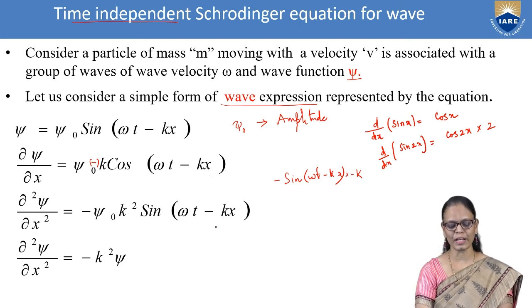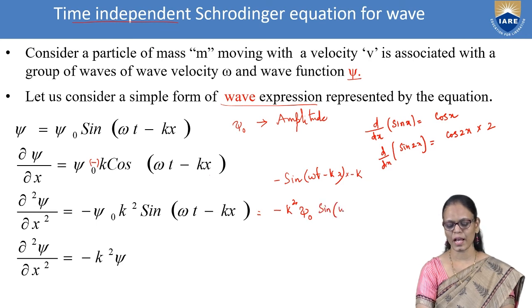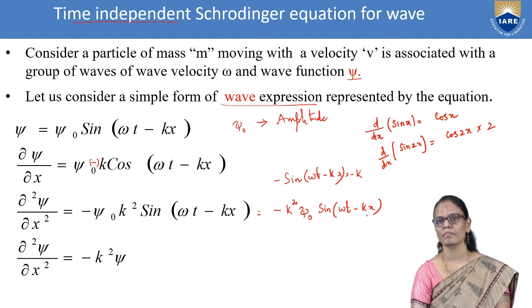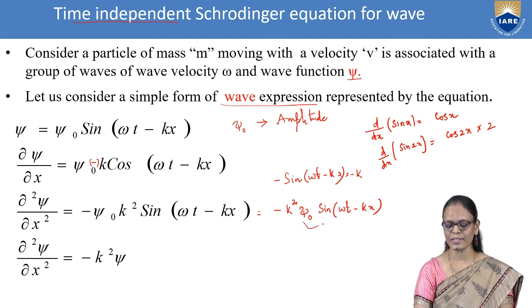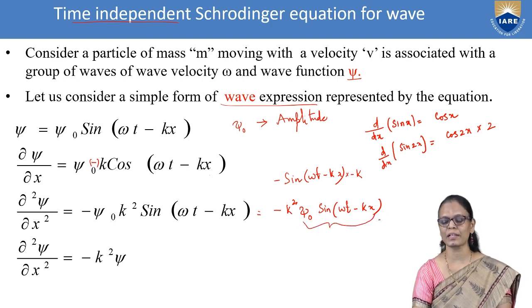I will simply rearrange these terms and write it as minus k square psi naught sine(omega t minus kx). What is psi naught sine(omega t minus kx)?